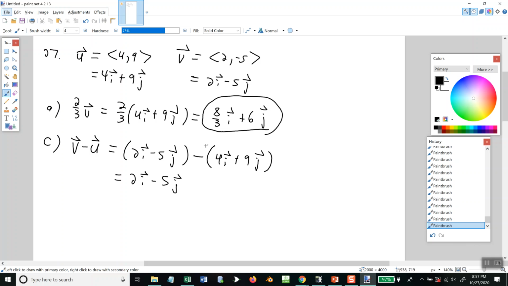Just like in algebra, when you've got a negative out in front, this flips the sign of everything inside. So it becomes negative 4i minus 9j. 2i minus 4i is negative 2i. Negative 5j, negative 9j is negative 14j. And that's right.